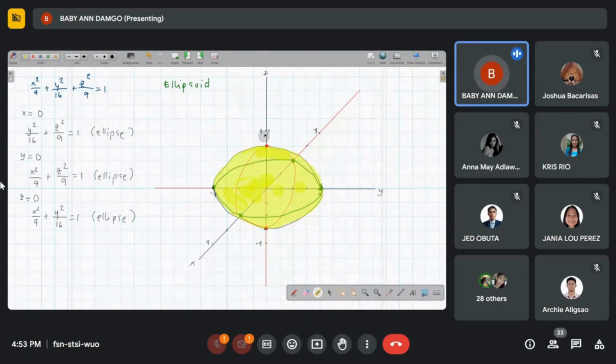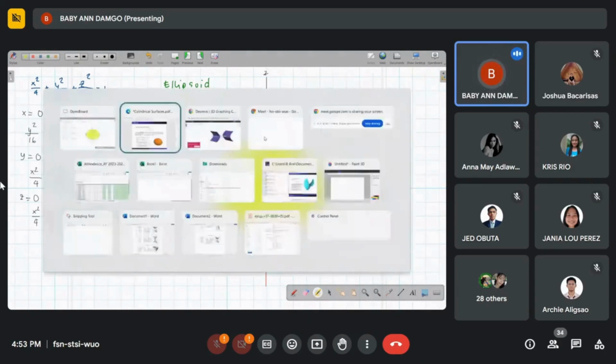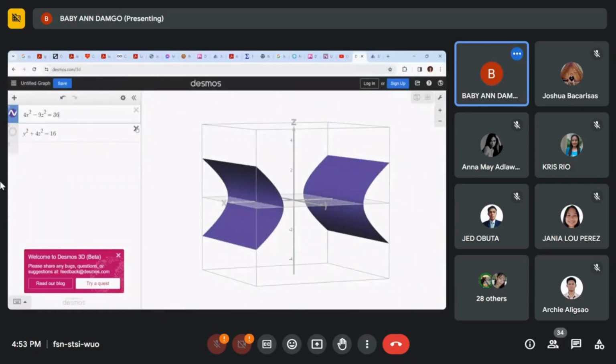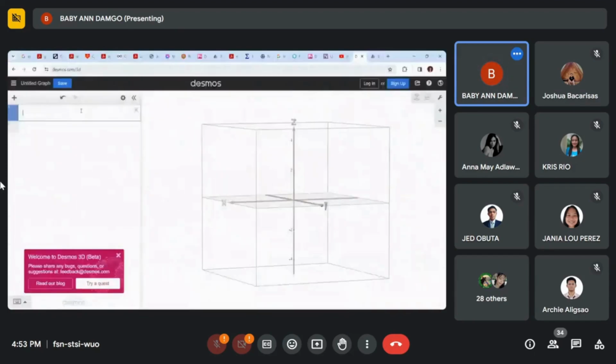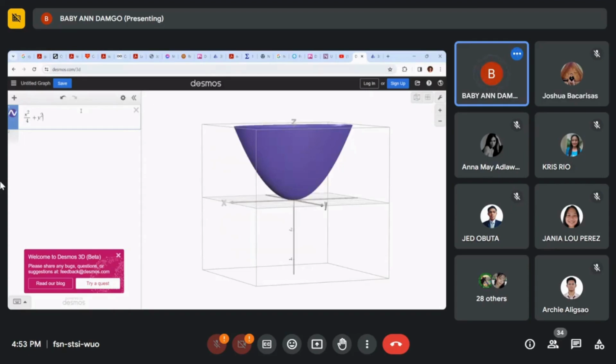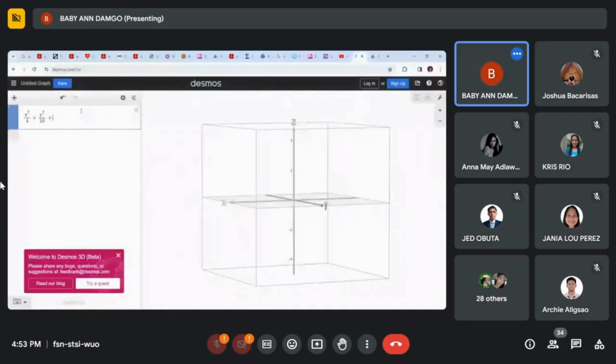If we use Desmos, we have x squared over 4 plus y squared over 16 plus z squared over 9 is equal to 1.